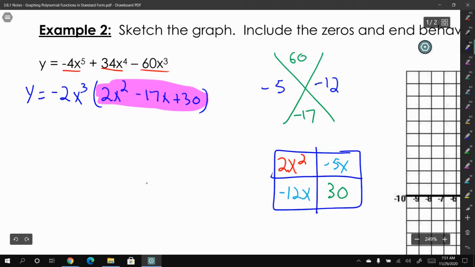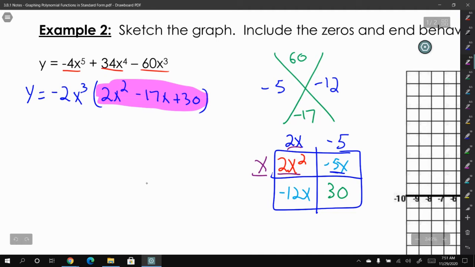And just like what we've done before, we look at the first column and see what is the GCF of that first column. That is 2x. We look at the second column and say, what is the GCF of that column? It's a 5. But because our top number is negative, we're going to factor out a -5. And then that leaves 2x times x gives us 2x squared.